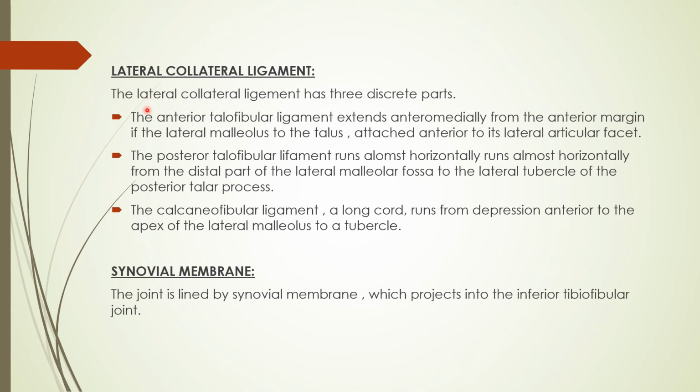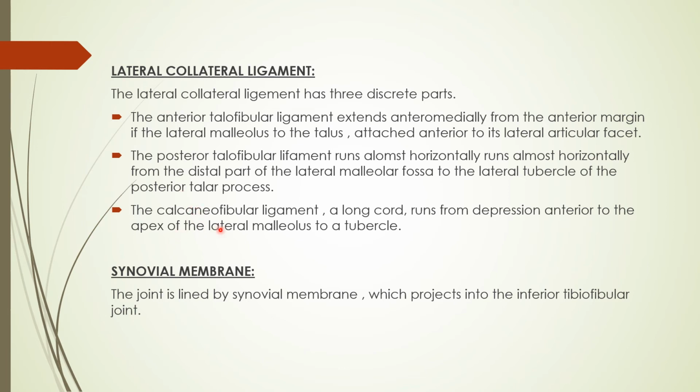Lateral collateral ligament: the ligament has three discrete parts. The anterior talofibular ligament extends anteromedially from the anterior margin of the lateral malleolus to the talus, attaching anterior to its lateral articular facet. The posterior talofibular ligament runs almost horizontally from the distal part of the lateral malleolar fossa to the lateral tubercle of the posterior talar process.